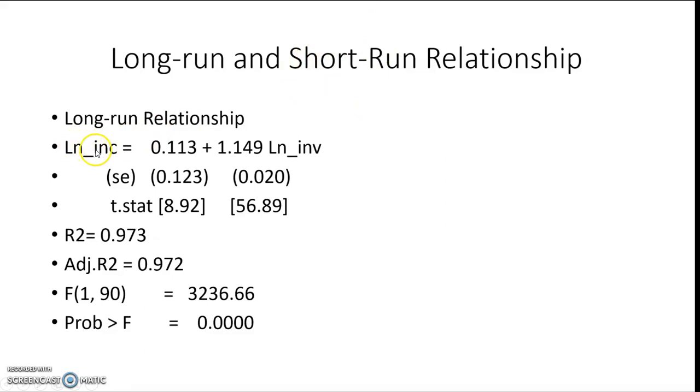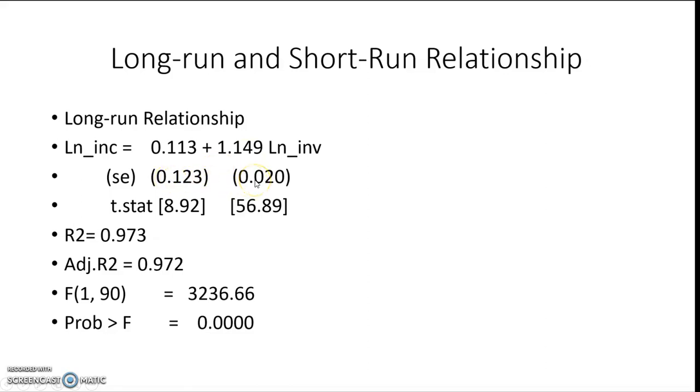So the natural log of income is regressed on natural log of investment, and the coefficient of natural log of investment is 1.149. So it means that 1% increase in natural log of investment will increase income by 1.15%.